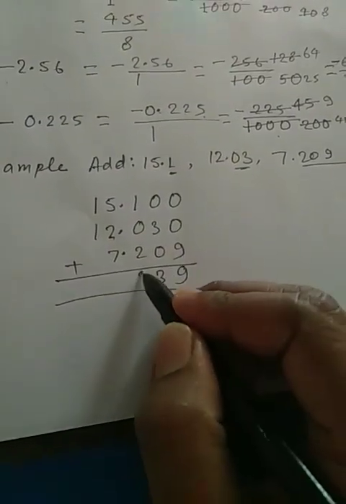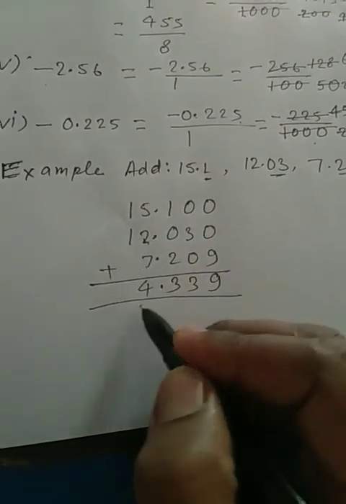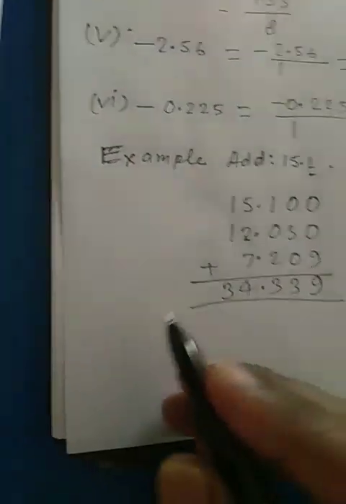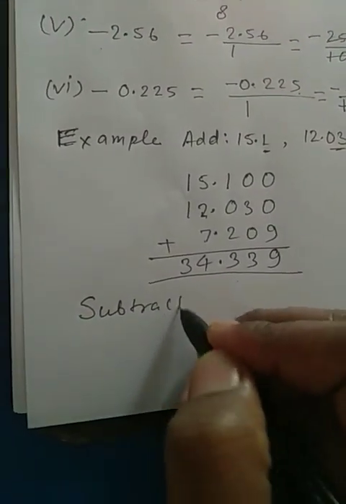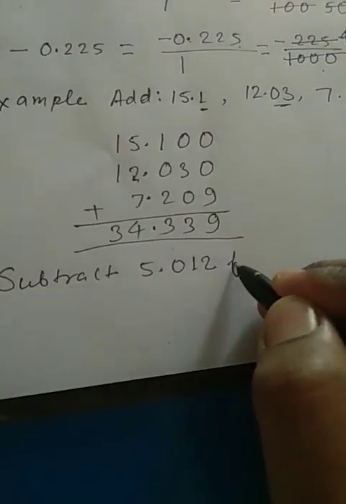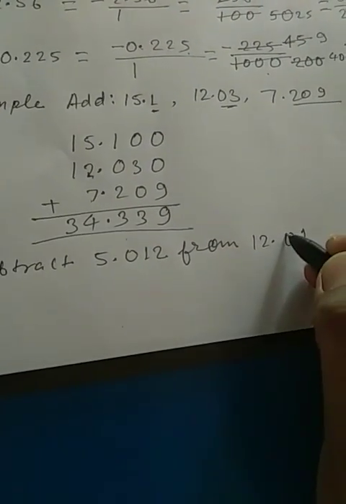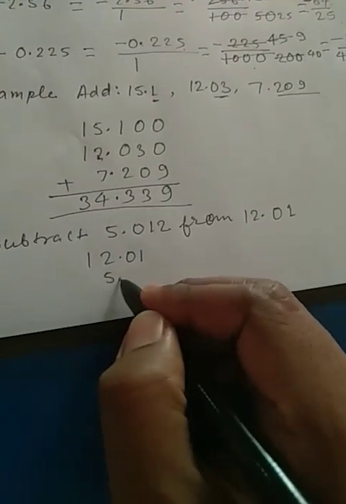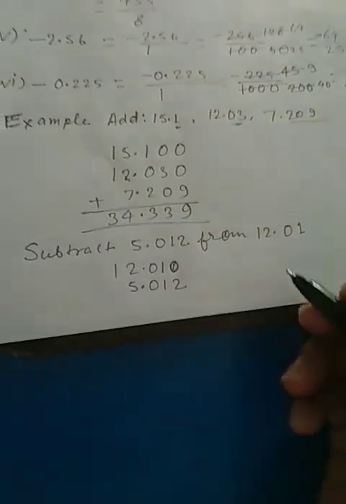This is simple. If we have to subtract 5.012 from 12.01, then we write in columns first 12.01 and 5.012, but we have to put another 0 to make them like decimals.